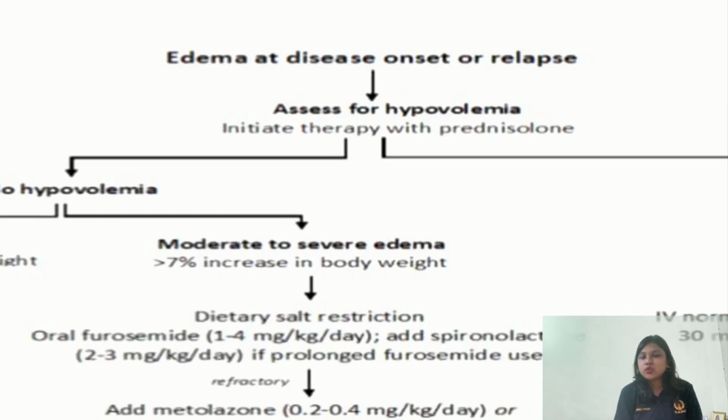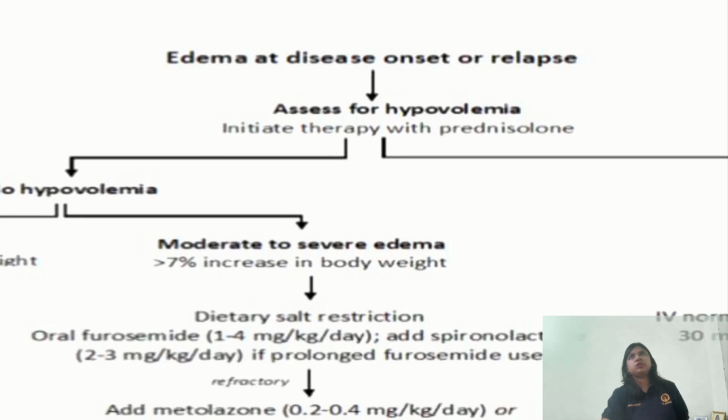Signs: the pulse volume is going to be poor, there is low blood pressure, delayed capillary refill time. What about investigations? The hematocrit will be more, there is hemoconcentration, and uric acid is also going to be elevated, or the PCV is going to be more.